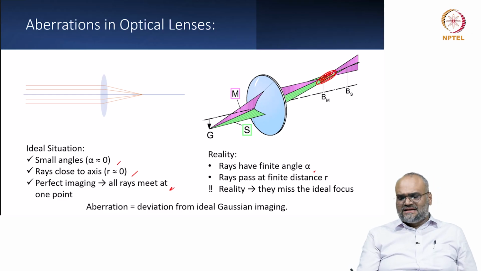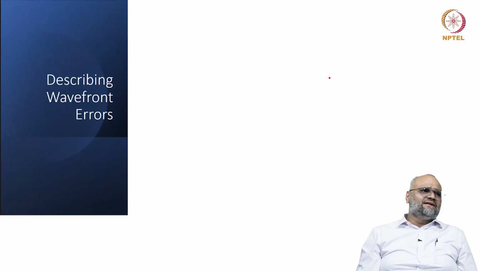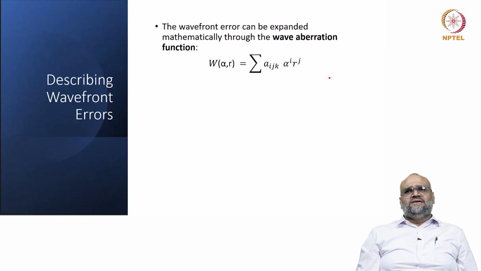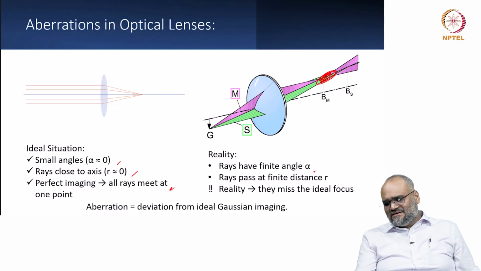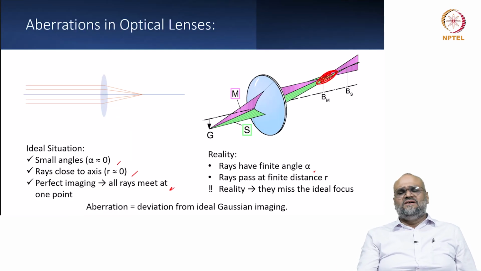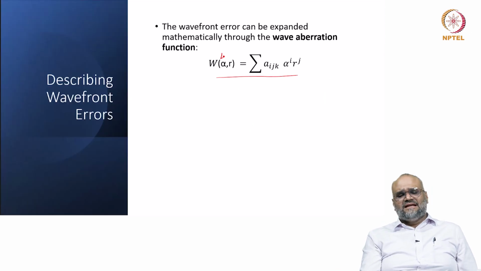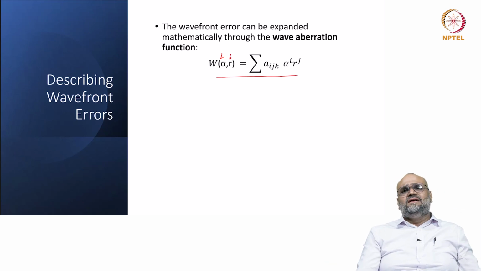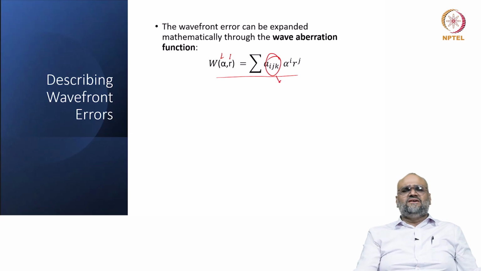This aberration can be described in terms of what is called a wavefront error. You can expand the aberration, the non-coincidence of the wavefront to a single point, in terms of a polynomial in the scattering angle and the radial coordinate, and this coefficient is what defines your aberration.